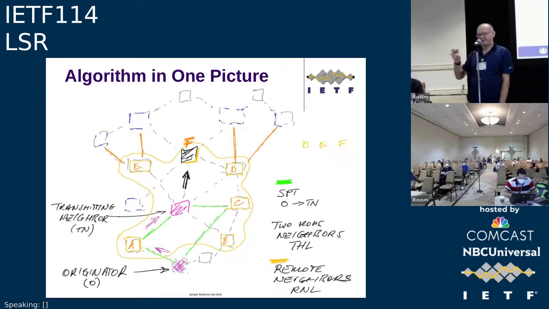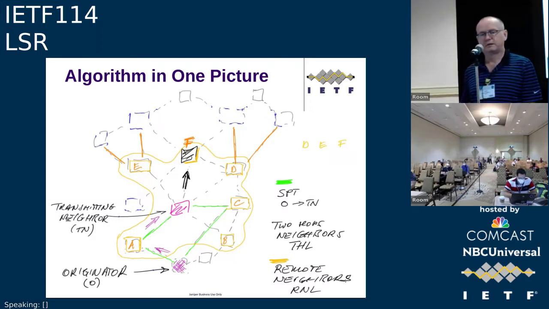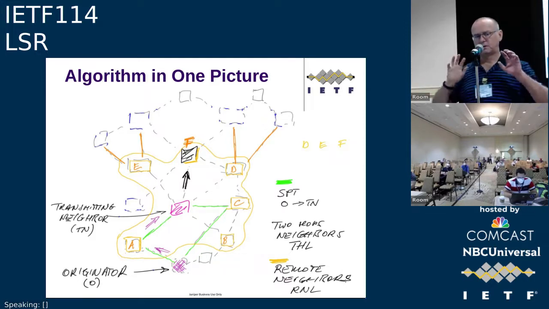So the F receiving these LSPs first needs a shortest path tree from the originator to the transmitter. Those are the green links, right? You have to compute that from the view of the transmitting neighbor. And then you compute basically two things. You compute this yellow front, which are all the immediate neighbors of the transmitting neighbor, right?